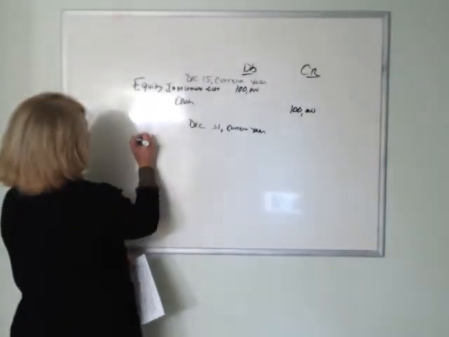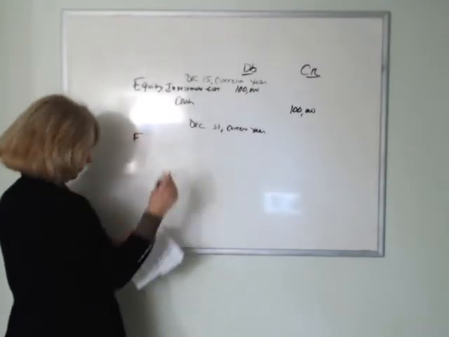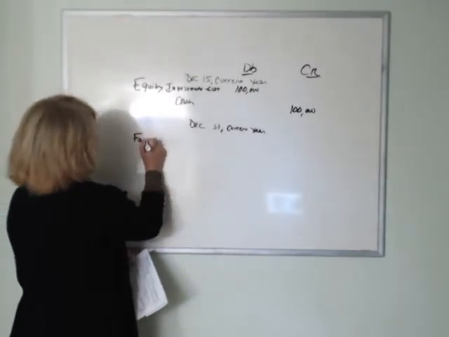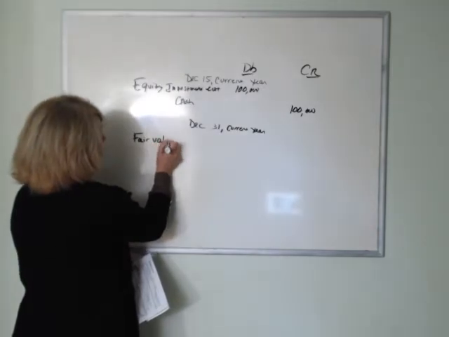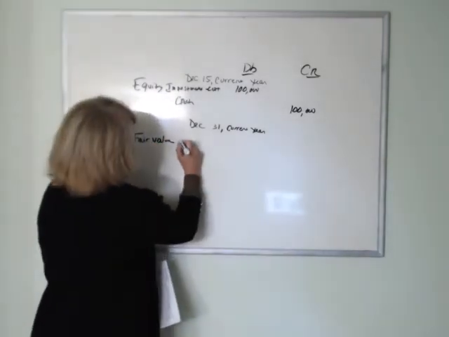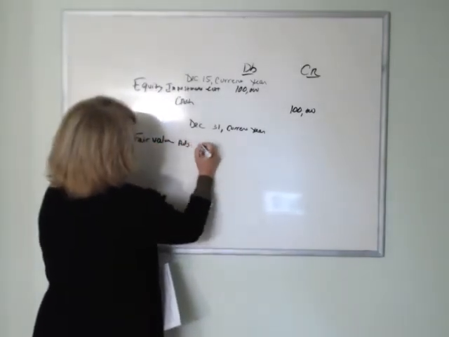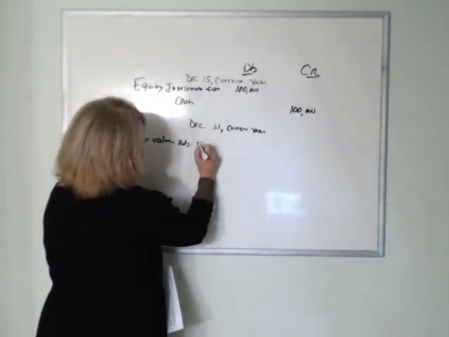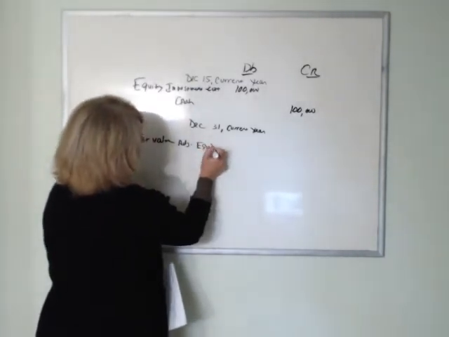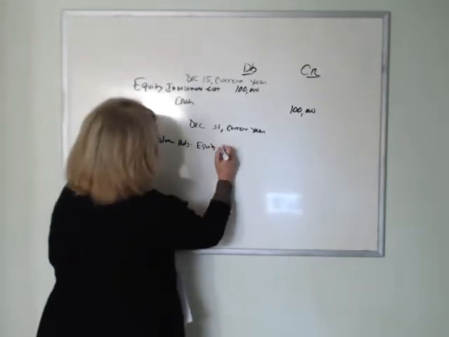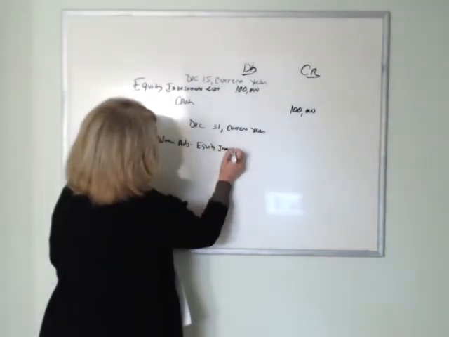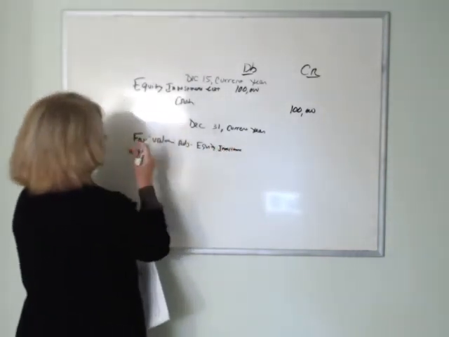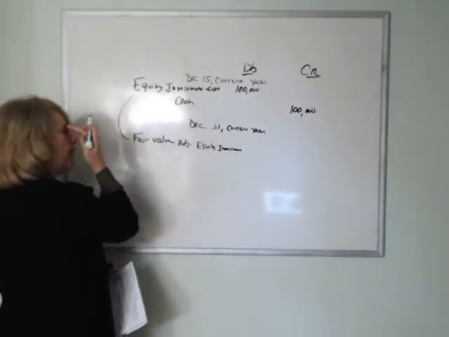So we go over here and we call it fair value adjustment, equity investment. We're debiting this account because this is an adjunct account to the equity investment.